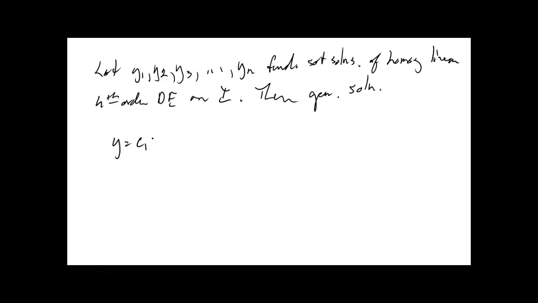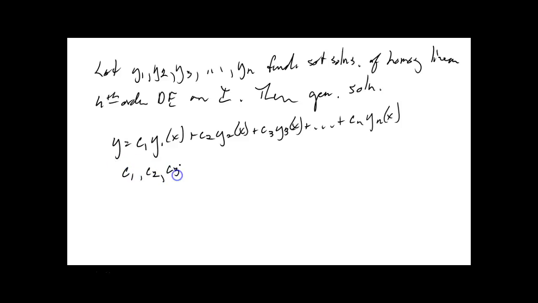Y is equal to C1 Y1 of x plus C2 Y2 of x plus C3 Y3 of x plus ... up to and including C sub n Y sub n of x, where these C's, C1, C2, C3, all the way up to C sub n, are arbitrary constants.